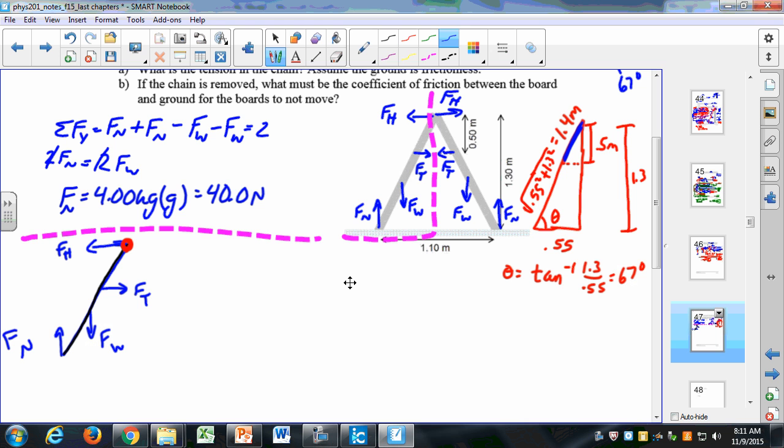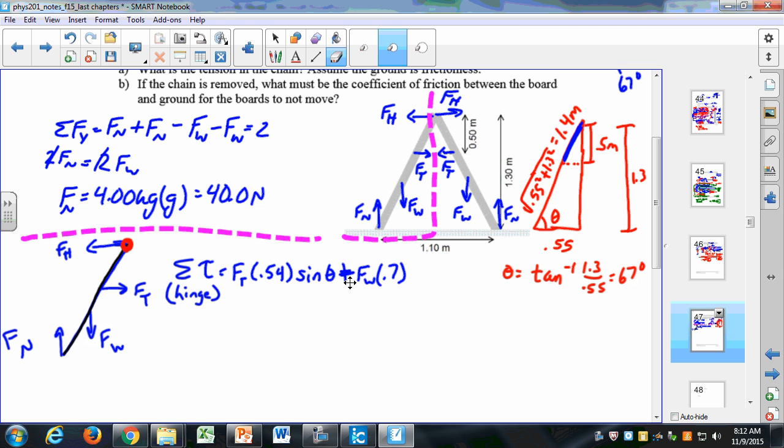If I write the sum of the torques about the hinge, it's going to look like this. I'll have Ft times 0.54. I'll show you where that comes from in just a second. Times sine of theta, which is 67, plus Fw times 0.7 times sine of phi.